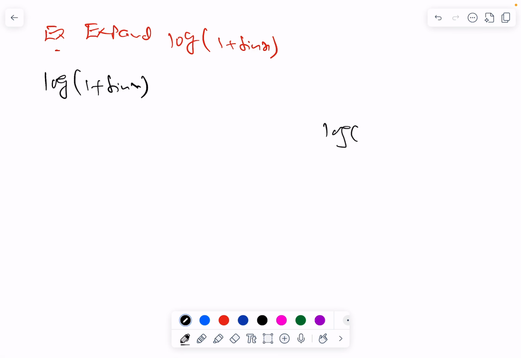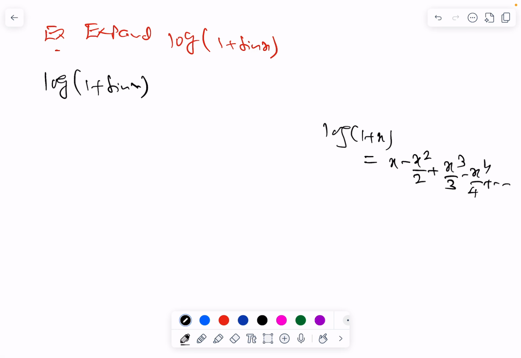Now we know log of 1 plus x, its standard series is x minus x square by 2 plus x power 3 by 3 minus x power 4 by 4 and so on.